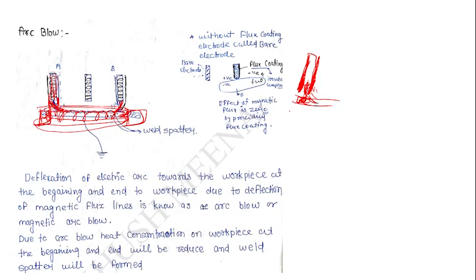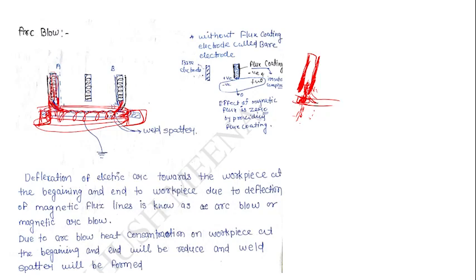Flux coating, yes. Ma'am, what is spatter? See, when it will start melting, it will be deposited like a drop. But if the magnetic flux lines effect is there, these drops will start deflecting and will start depositing on other parts of your workpiece.